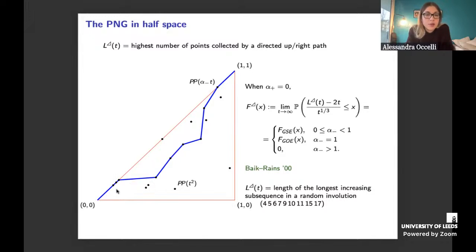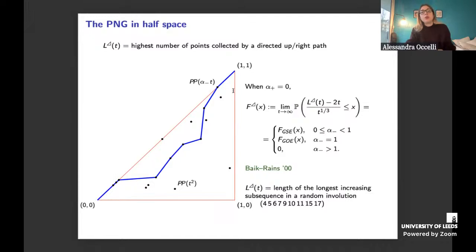The way of associating the involution to the path is the same: you take the y coordinates of the points visited by the path related to the x coordinates. And this is the longest increasing subsequence obtained, for example, from this path.